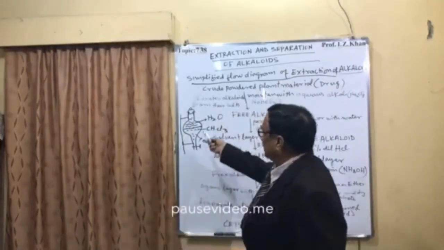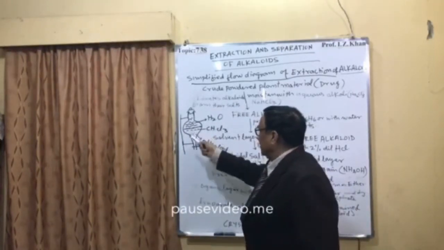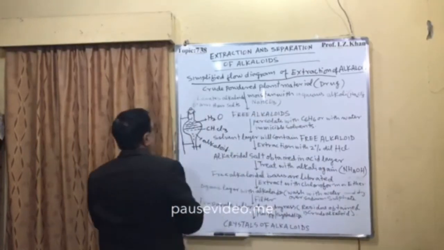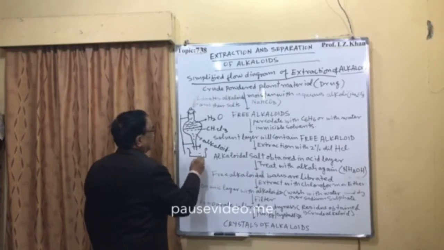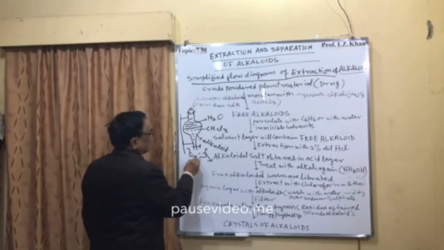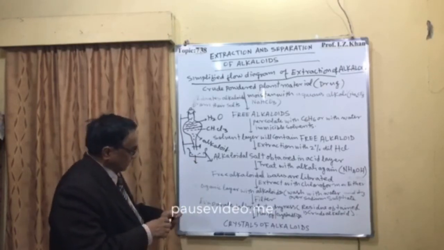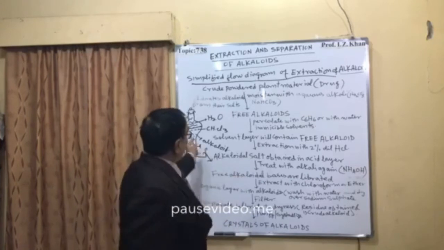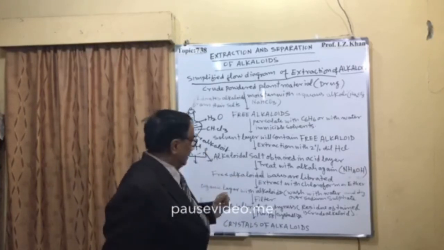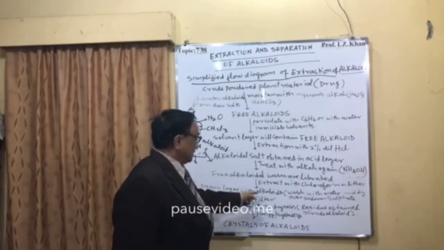So once it is treated with chloroform and it contains alkaloid, you collect this fraction and then evaporate the chloroform, and you will get the crystalline form of the alkaloid. That is what I have given here. So this is your organic layer, the chloroform layer with alkaloids.